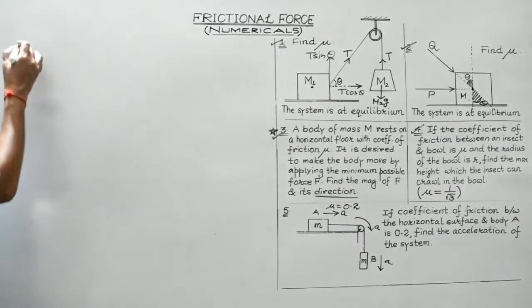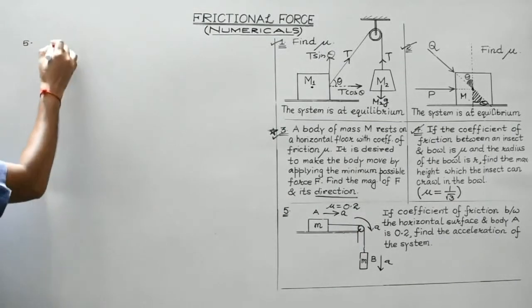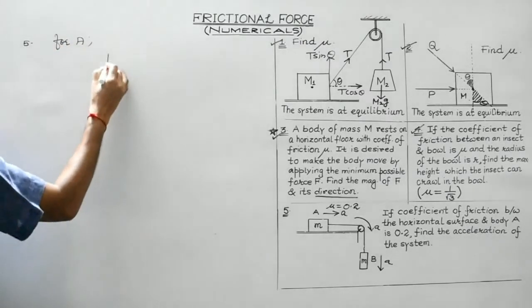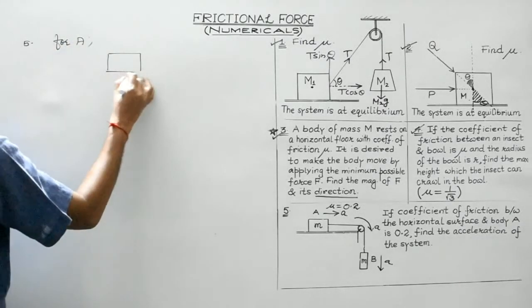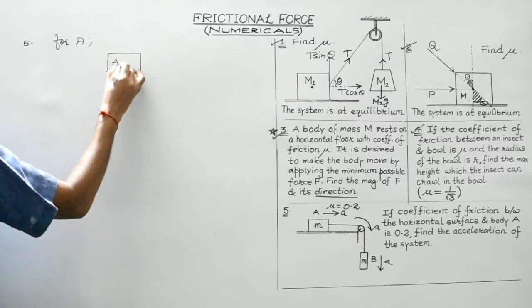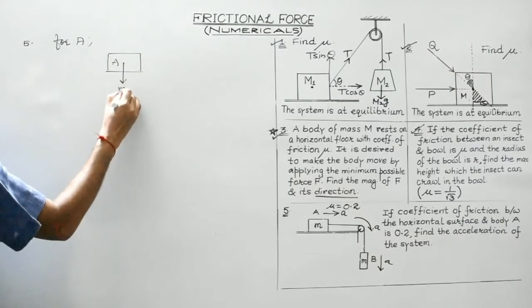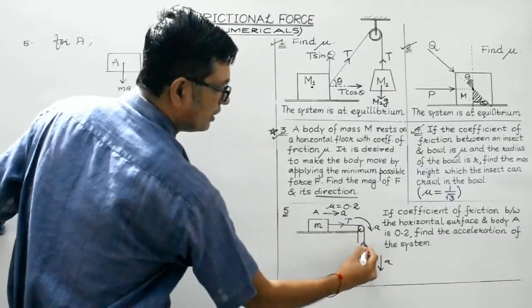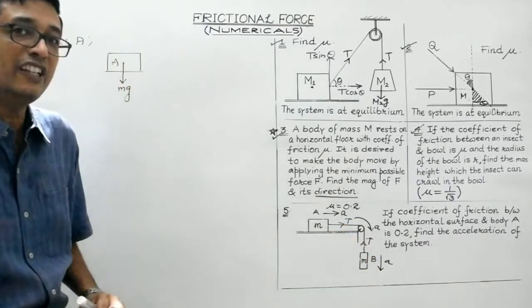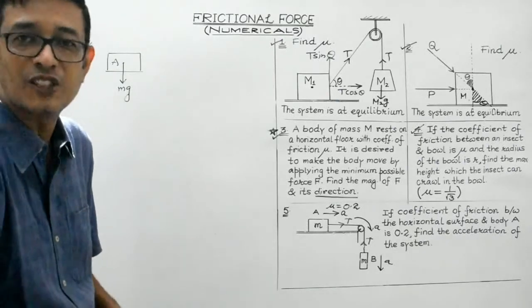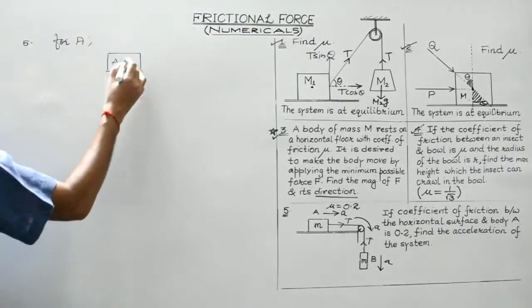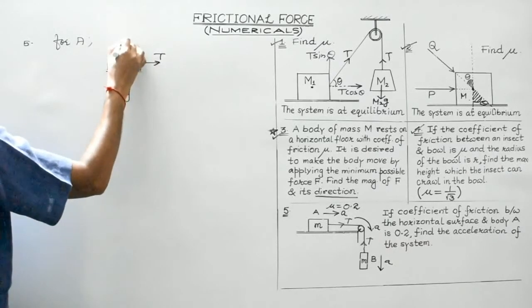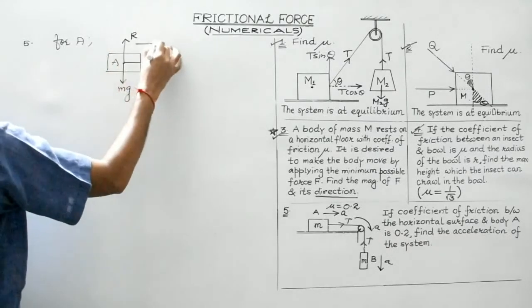Okay, let's draw the free body diagram for body A. This is body A. What are the forces acting? One is its weight, the other one is the tension, which obviously acts along the length of the string towards the point of suspension, right? This is the normal reaction, and this is the acceleration.